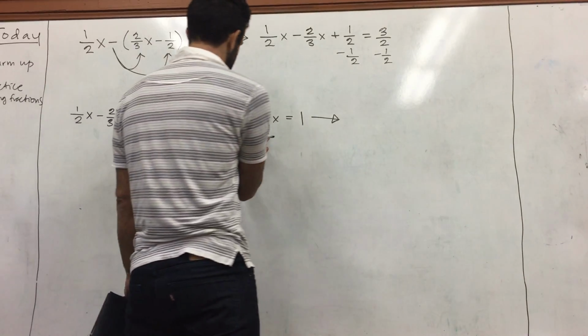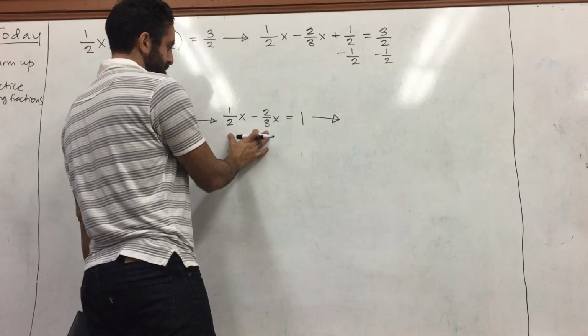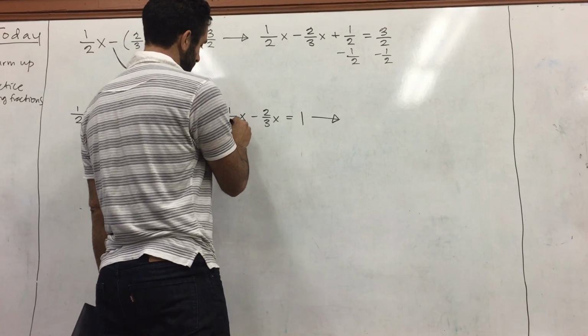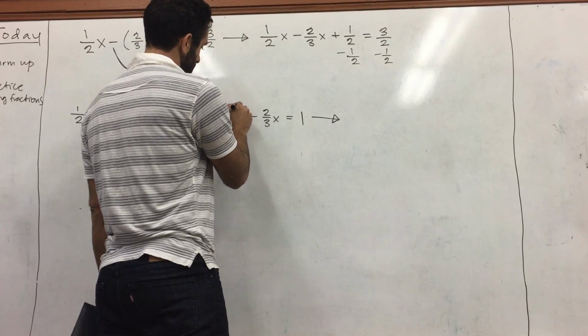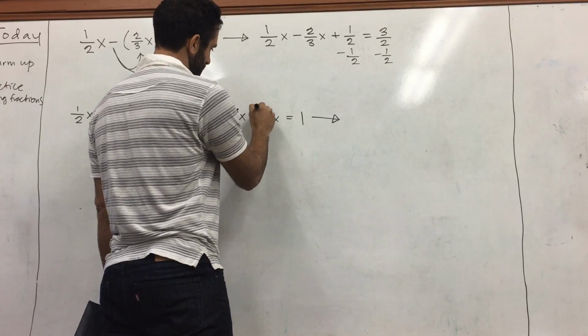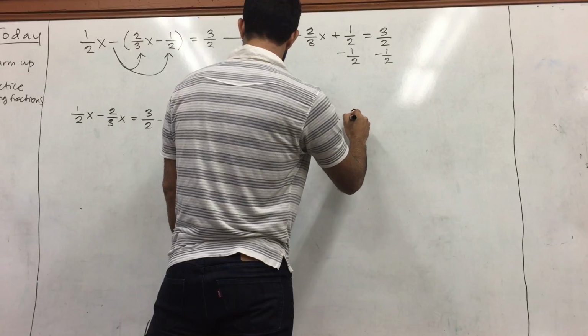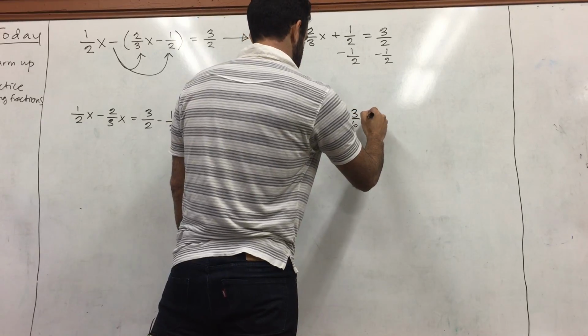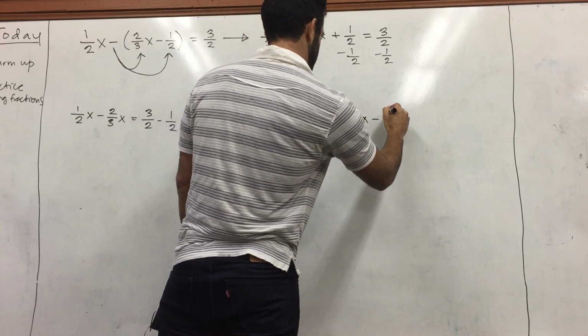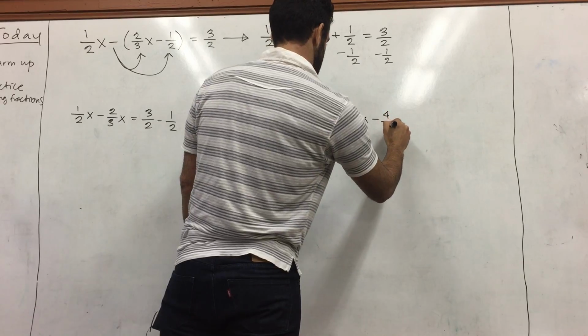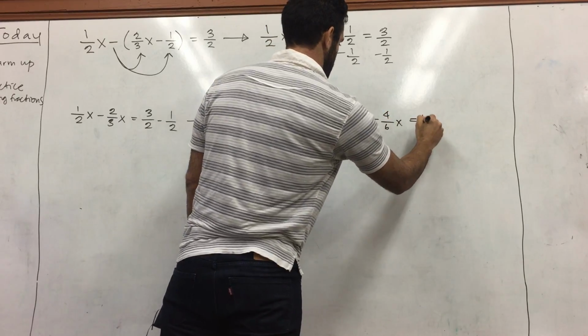6 is our common denominator. So we're going to multiply this by 3 and this by 2. That gives us 3 over 6x minus 4 over 6x equals 1.